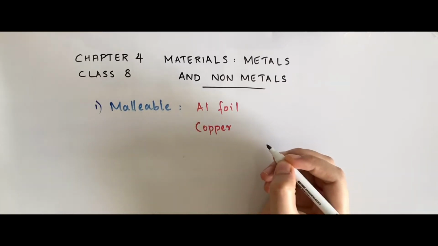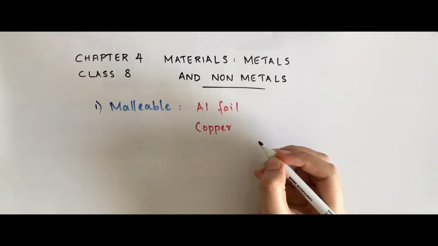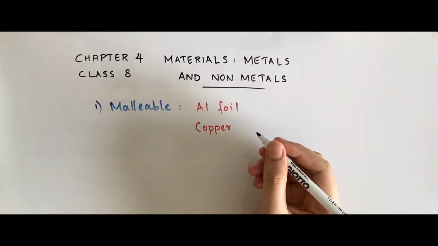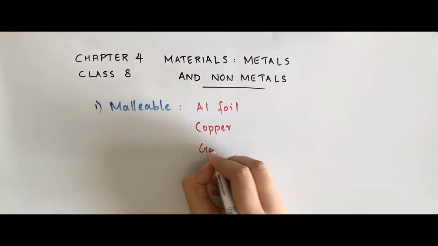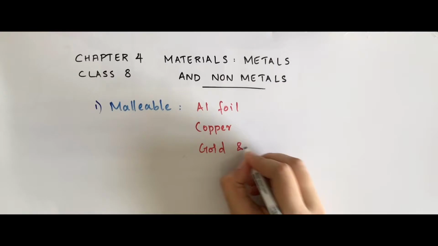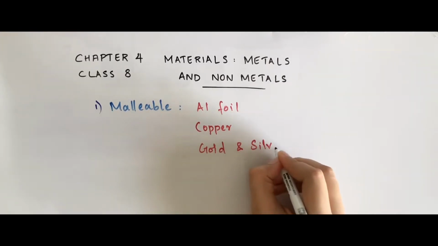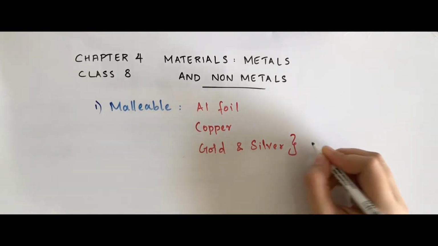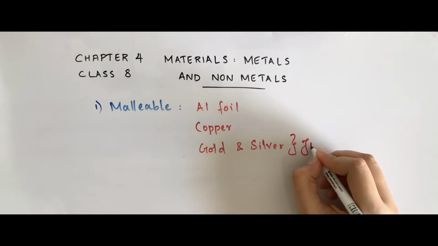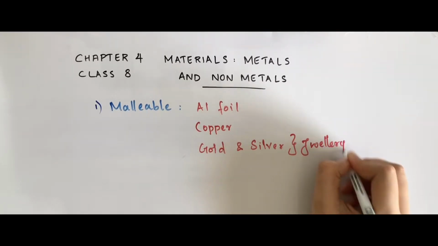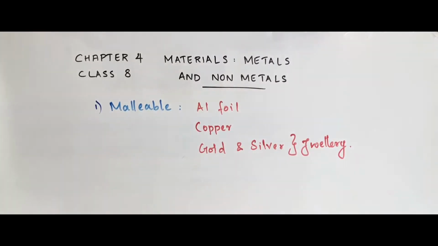Copper is another example which can be beaten into thin sheets, and very highly malleable metals are gold and silver. This we could see because mostly these are used for jewelry. We come across it on a day-to-day basis, right? So these are very highly malleable substances.